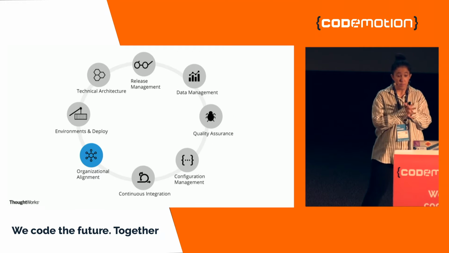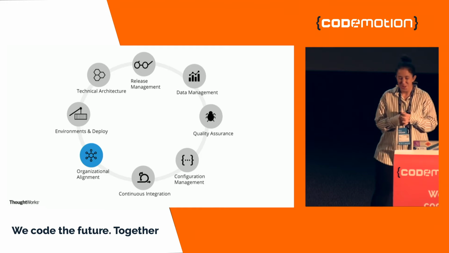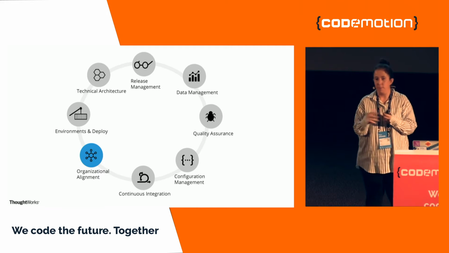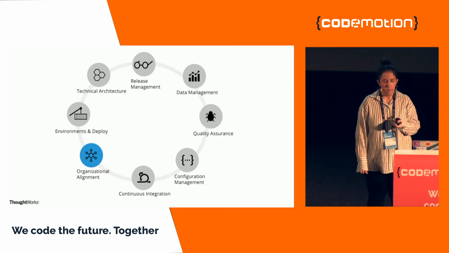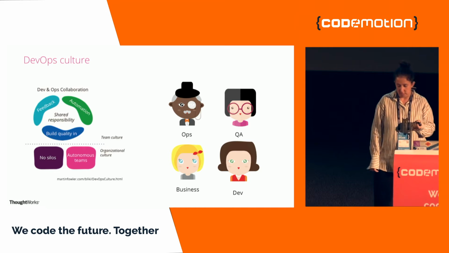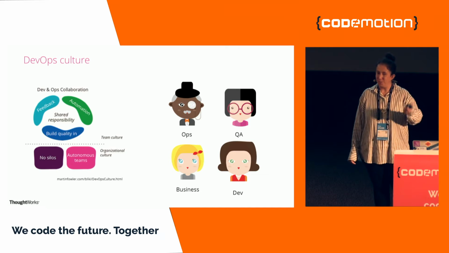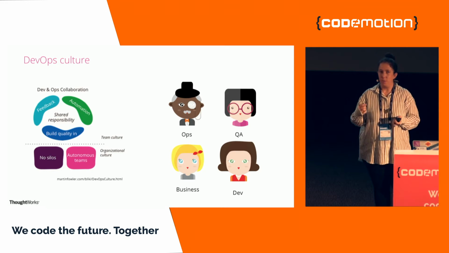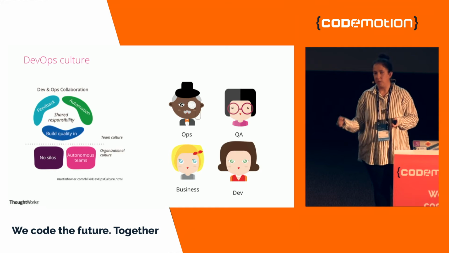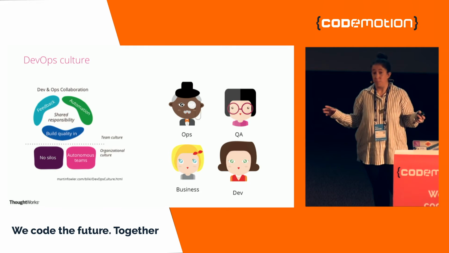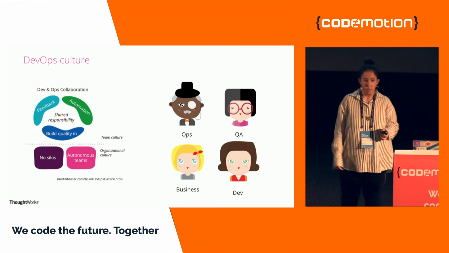So last but not least, organizational alignment. And as I was hinting just now, that's definitely one of the hardest parts to do. Not only when you are trying to improve on continuous delivery practices, getting the buy-in from everyone in the organization is the most difficult thing to do, for any type of project, any type of company, actually.